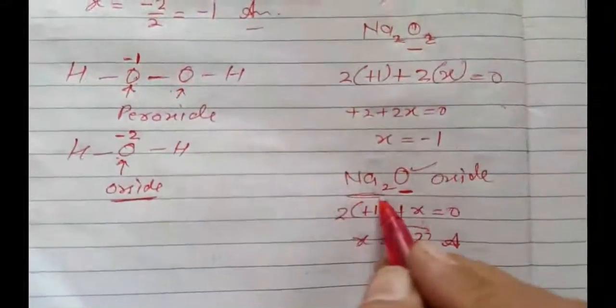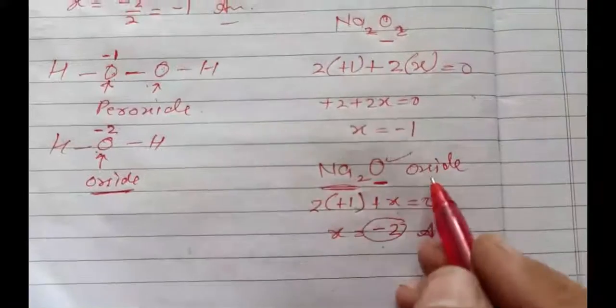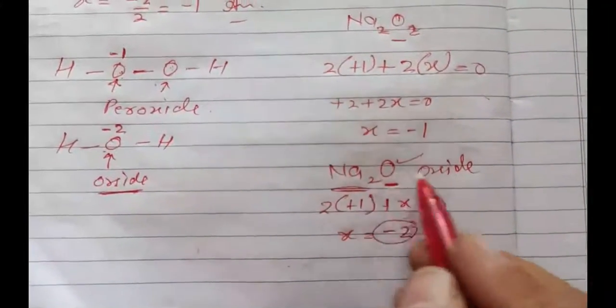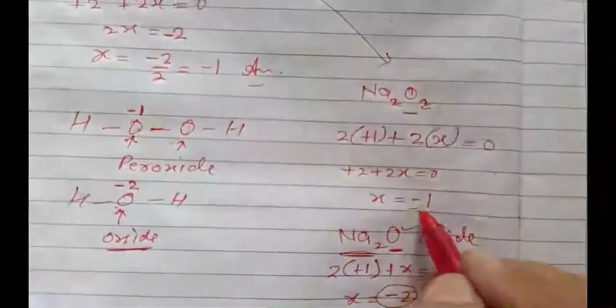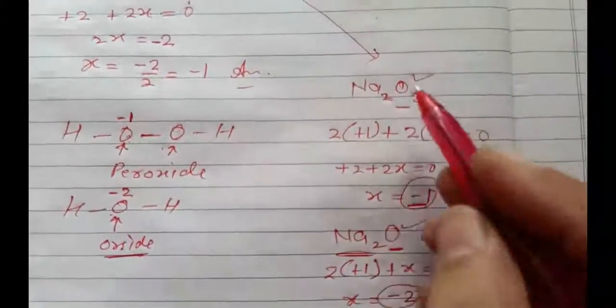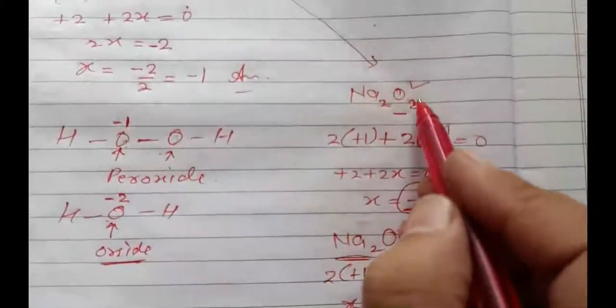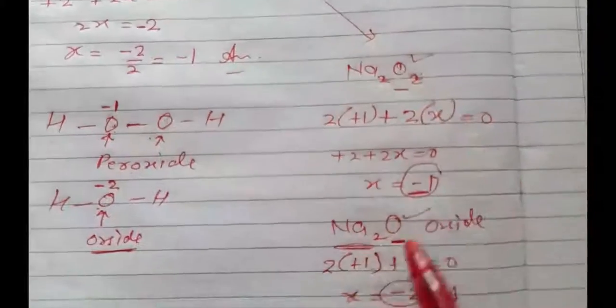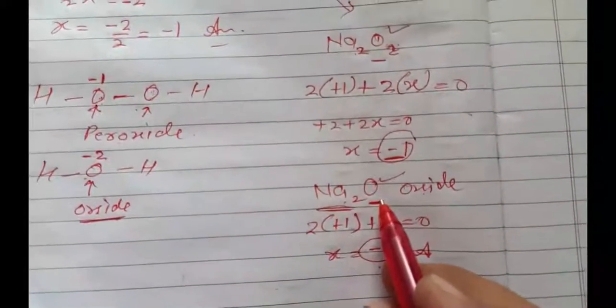So this is called sodium oxide, or we can say disodium oxide. But here the oxidation number is -1. So the oxidation number of oxygen is -1. Then what is the name of this one? Sodium peroxide. This is sodium peroxide. This is sodium oxide. I hope you understood this.